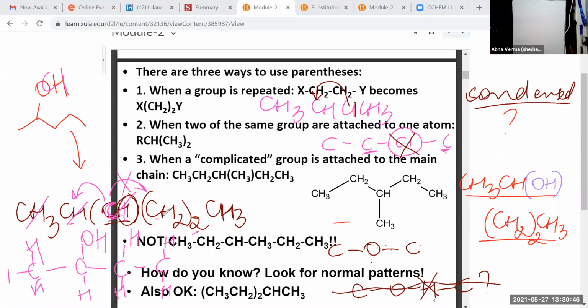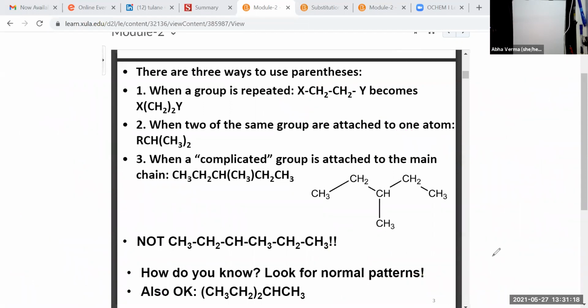So in our main chain, the main linear chain, you cannot have O and H next to each other. It is wrong. Hydrogen cannot make two bonds. Chlorine cannot make two bonds. So the only reasonable thinking would be that this OH is together and connected to the carbon before it. Okay, very good, Cindy. Any other questions?